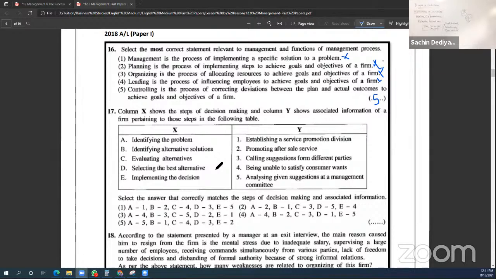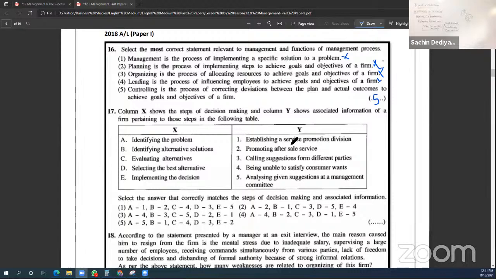2018 question number 70. Now first you need to see what's the problem. Establishing a service promotion division feels like a solution that you provide, maybe the decision. Promoting after sales service.